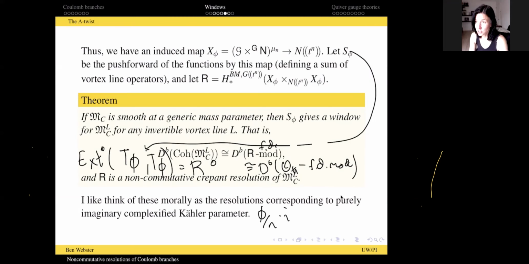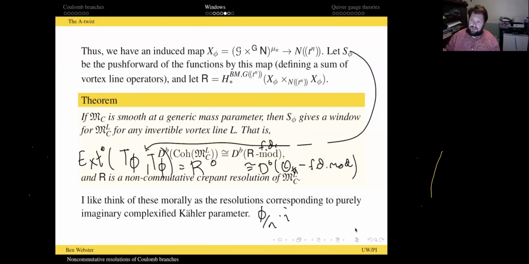So then it's broader than hyper, because you don't have a GIT quotient. I'm not saying it's a Nakajima quiver variety or a GIT quotient, or that it's a Higgs branch of a gauge theory. We know it's all the same thing, right? You can construct it as a GIT quotient of something really horrible. So you can do this story of adding in the flavor torus to the gauge group, looking at the Coulomb branch for that, and taking a GIT quotient of that guy. Okay. And there's an element of like any projective variety can be written as a GIT quotient, right?